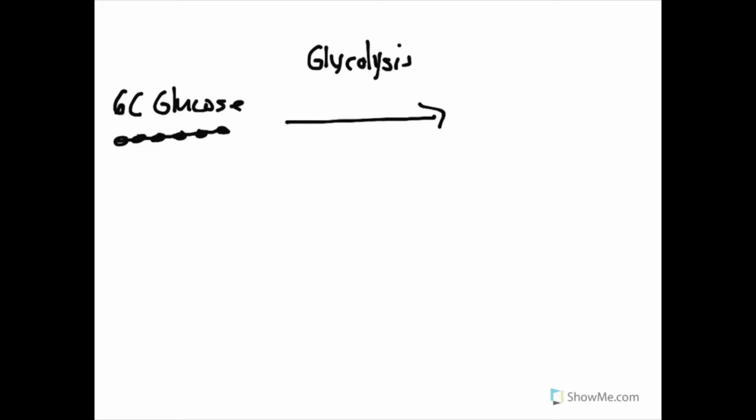And with 6-carbon glucoses, 1, 2, 3, 4, 5, 6, again drawing the carbon chains, we are then going to undergo a process called glycolysis, sugar splitting, where we're going to take 2 molecules of ADP and we're going to produce 2 ATPs. Okay? Now with that, you are now producing 2 3-carbon compounds called pyruvate.